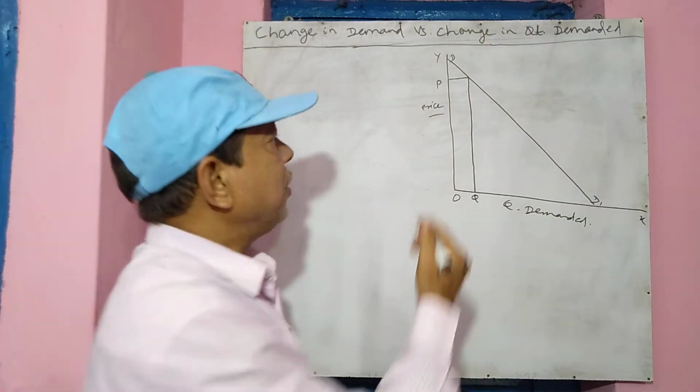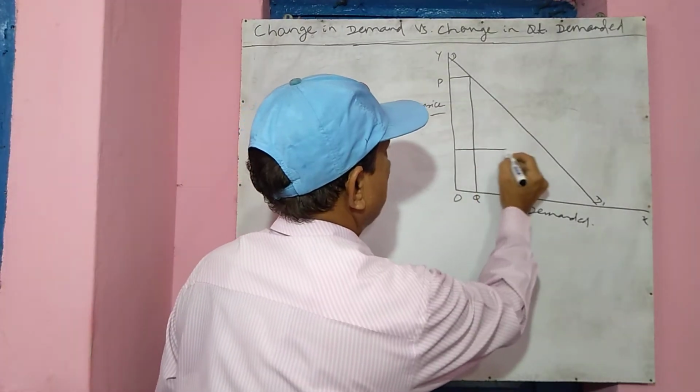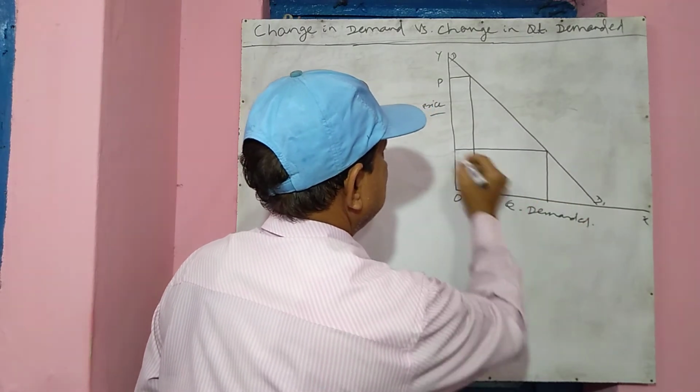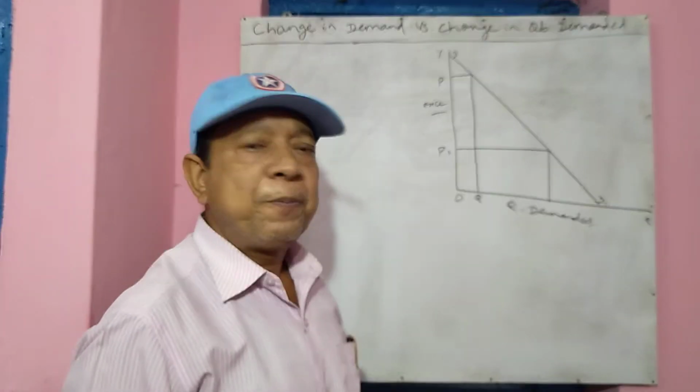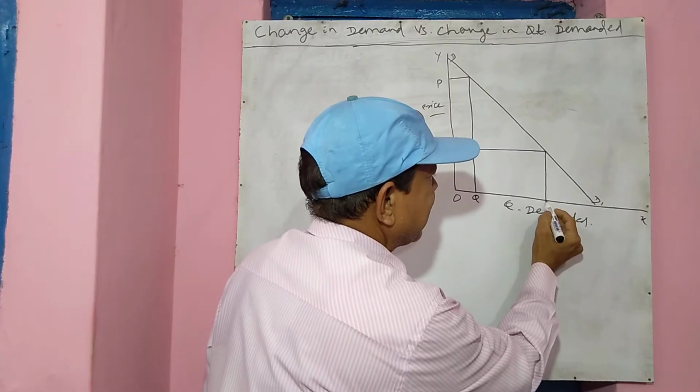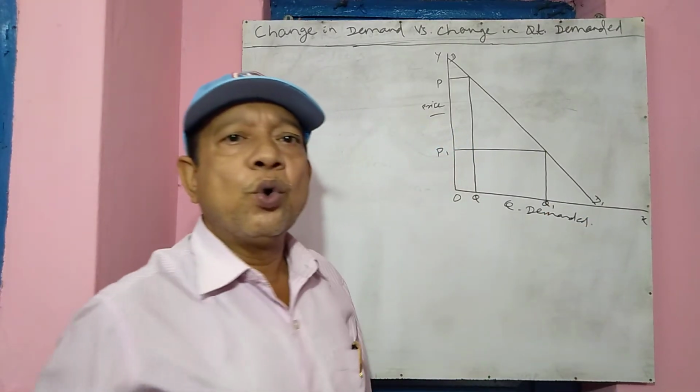Now when price falls, let's say price falls to OP1. You see here, when price falls to OP1, our demand rises from OQ to OQ1.